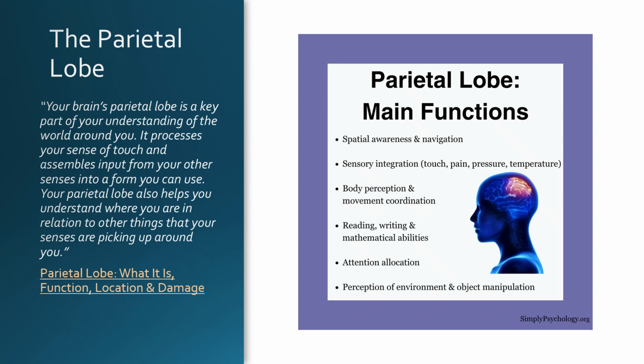As it just mentioned, it helps you pick up on where things are in space around you and how you navigate those things. Sensory integration: all the senses, touch, pain, pressure, and temperature, helps you navigate and integrate those. Body perception and movement coordination, reading, writing, and mathematical abilities. Attention allocation, where should I focus my attention? And perception of environments and object manipulation.